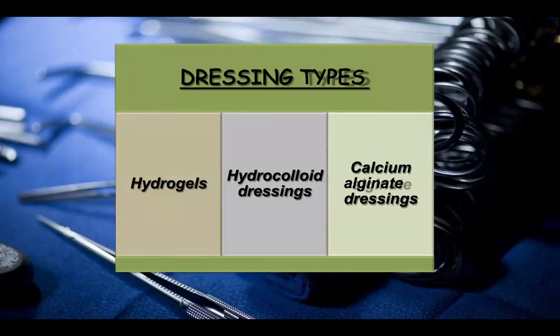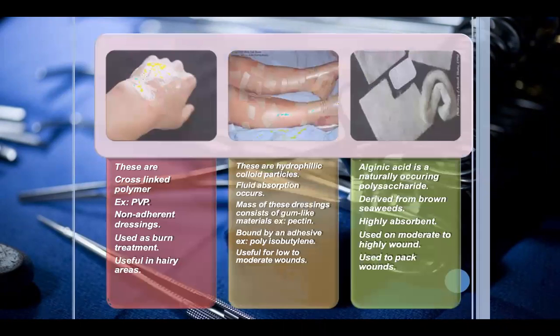Dressing types: hydrogels, hydrocolloid dressing, and calcium alginate dressing. Hydrogels are cross-linked polymers, for example polyvinyl pyrrolidone; non-adherent dressings used as burn treatment, useful in hairy areas. Hydrocolloids have hydrophilic colloid particles, and fluid absorption occurs.